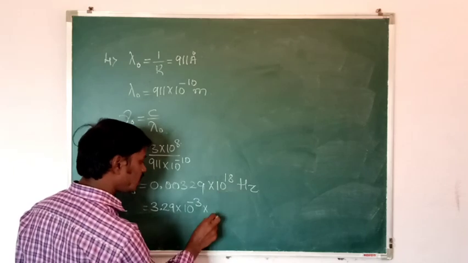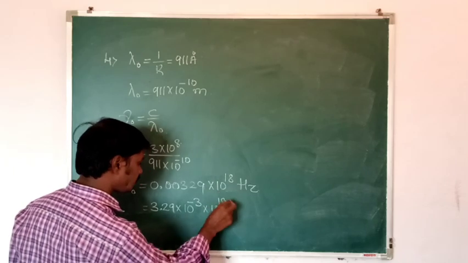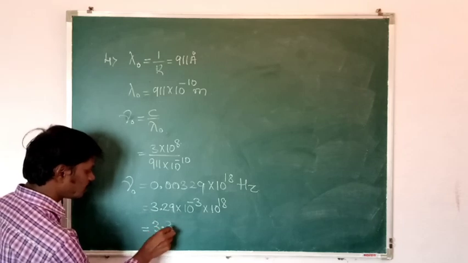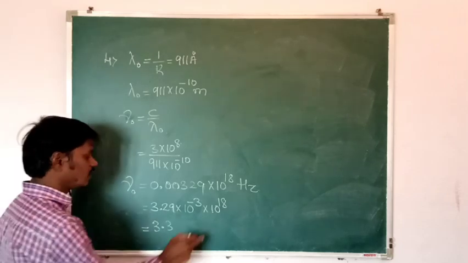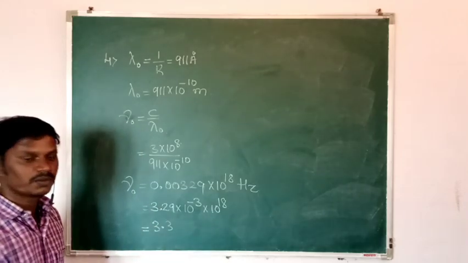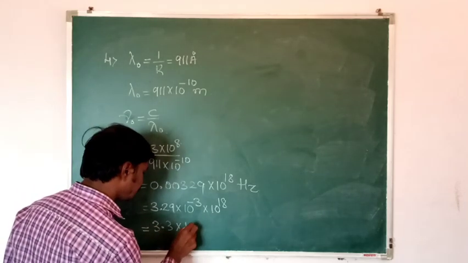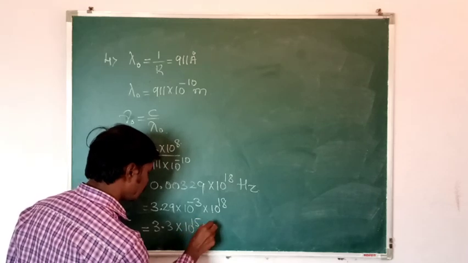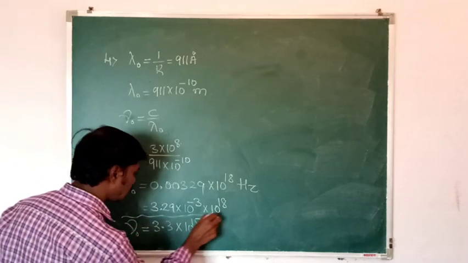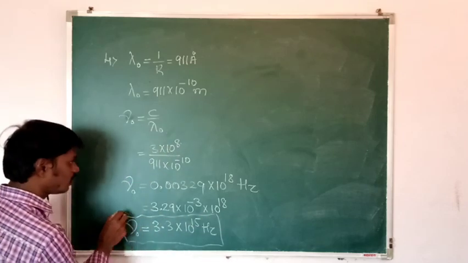Already 10 to the power of 18 is there. Then 3.29 can be written as 3.3, rounded figure. Then 10 to the power of 18 into 10 to the power of minus 3, that is 10 to the power of 15. 10 to the power of 15 hertz. This is the answer. This is the threshold frequency required for the photoelectric emission from the given metal.